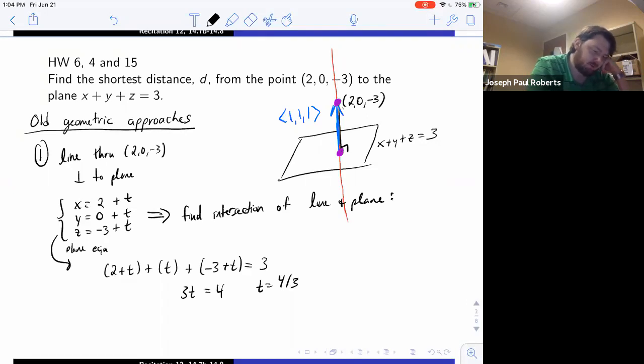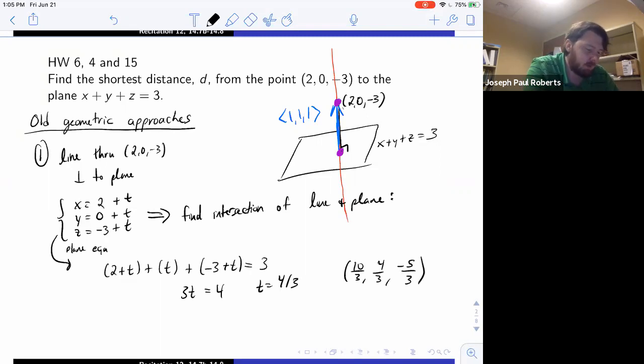And so then the intersection point is, well, 2 plus 4/3 is 10/3. And then 4/3, and then negative 3. So that's what, negative 5/3? Yeah. 4/3 minus 9/3 is negative 5/3.